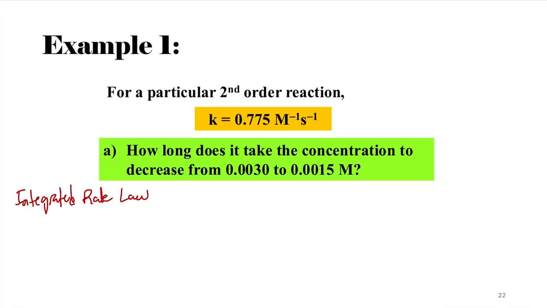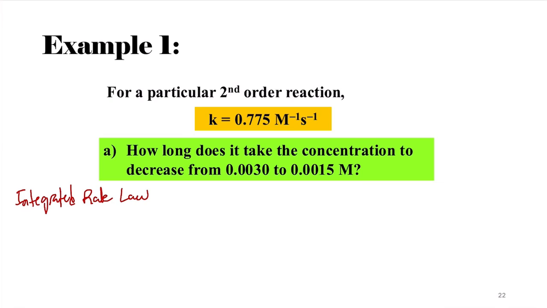Maybe a little less algebra. If you look at the two concentrations, the initial and the final, what do you notice about them? One is half the other, which means if we're looking for the time, what's the other thing that we can solve for? Oh, for the half-life.